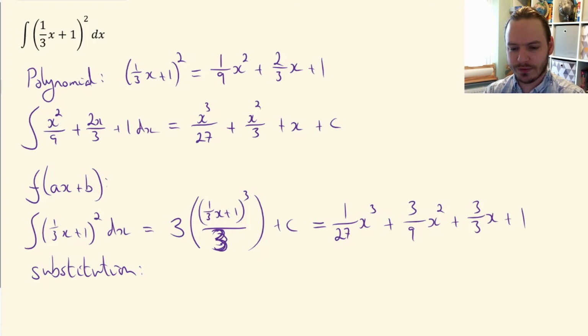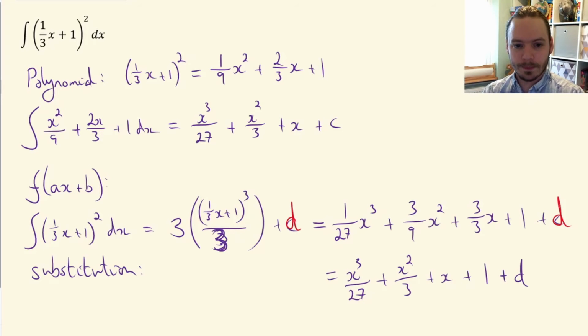And actually what we can see is that this tidies up nicely to x cubed over 27, oh yes, I've got some c there, plus x squared over 3 plus x plus, oh no, that's interesting. Perhaps I should label this constant c and this constant d, because what we've ended up is 1 plus d.